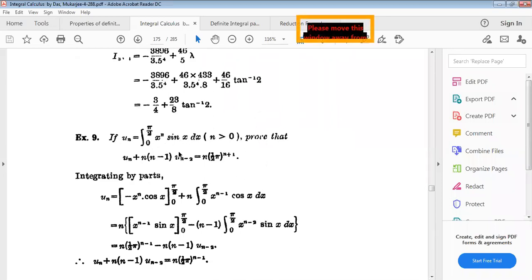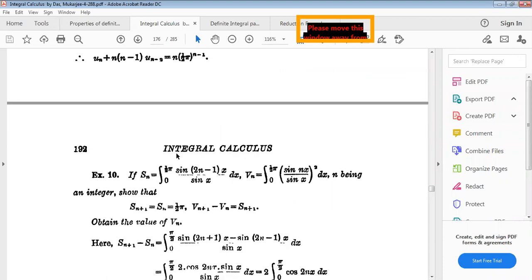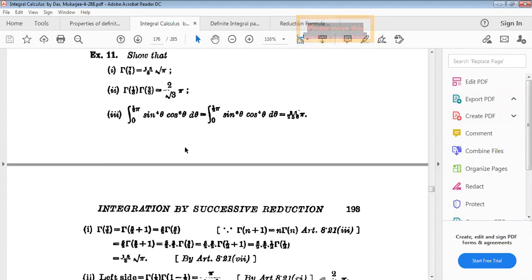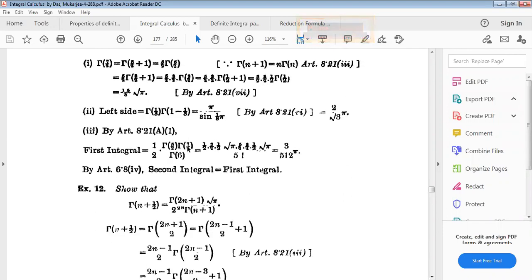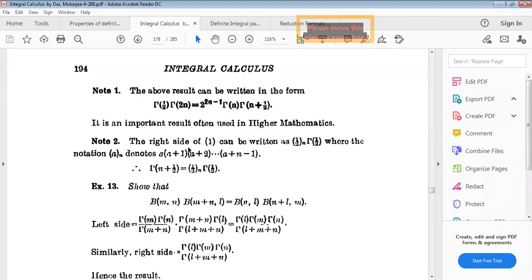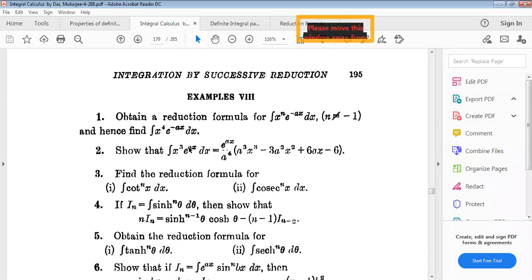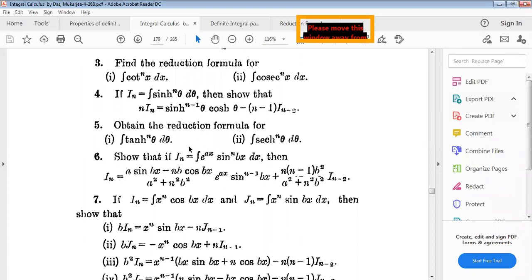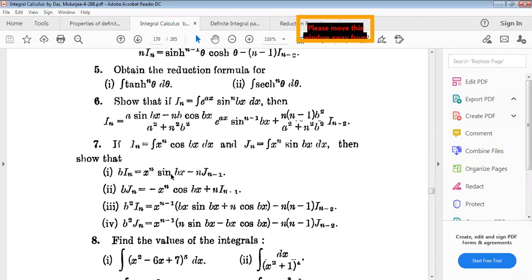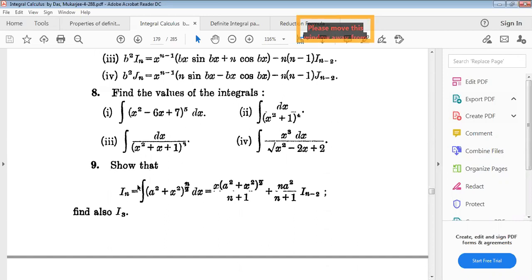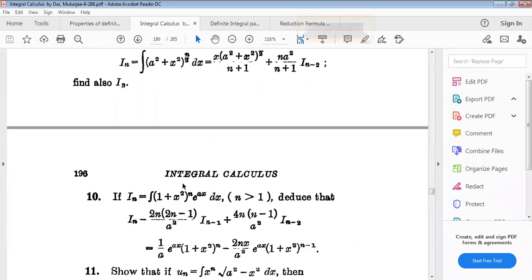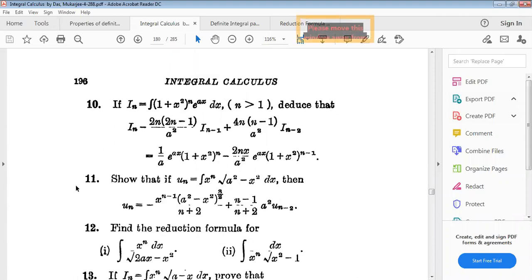This was also done in the sheet, and it is in the hand notes too. Example 9, example 4 and 9 are very important, note them down. Then example 6, 7, example 9, example 9 already done, sorry, exercise 9, 6, 7, exercise 9, exercise 11 also done.